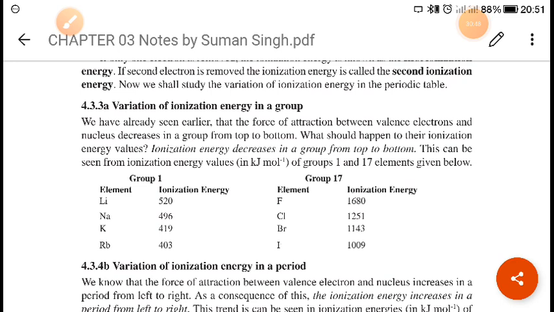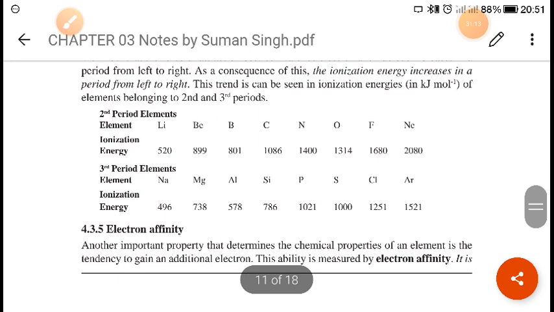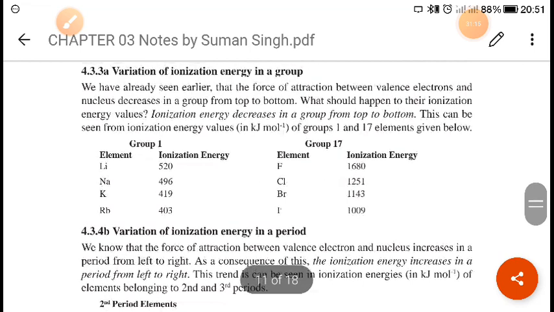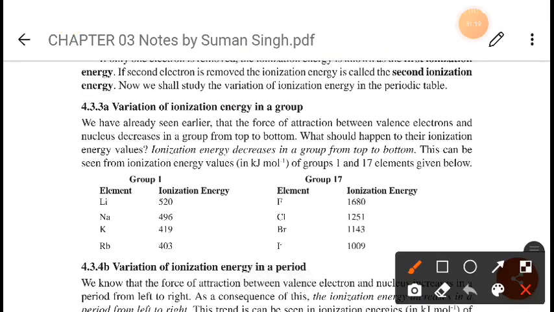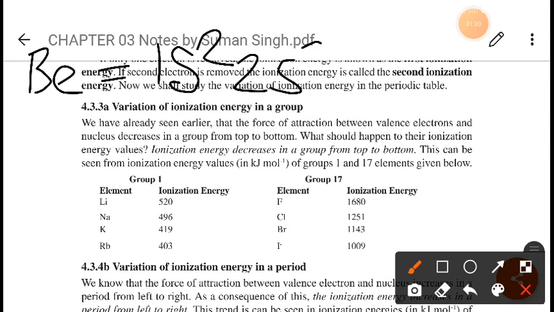How will we see this, right? Suppose we have beryllium here. Its atomic number is 4, right? So its electronic configuration will be 1s2, 2s2.